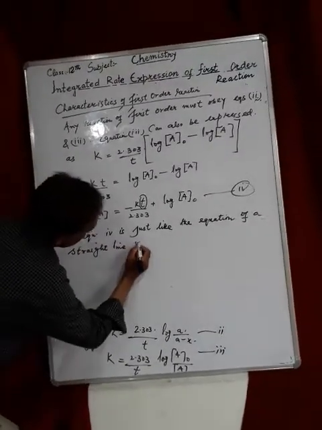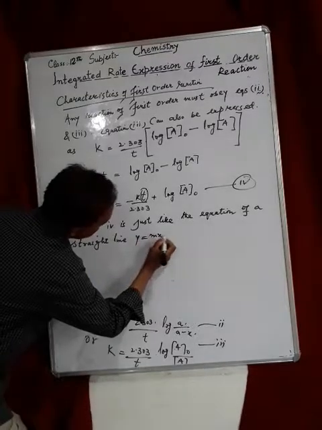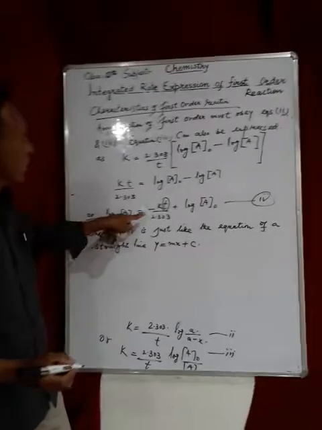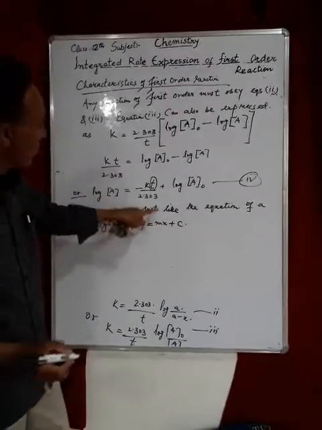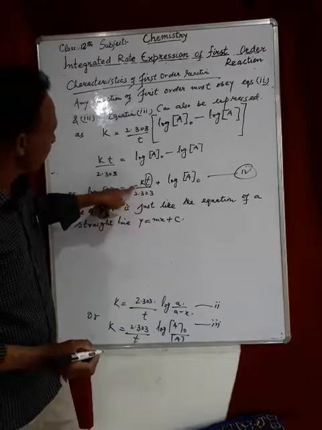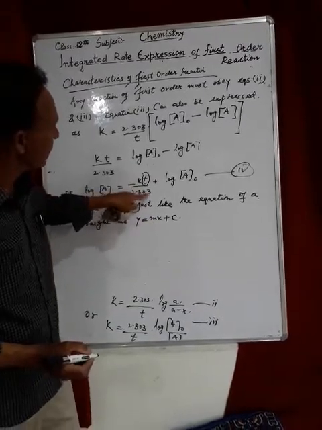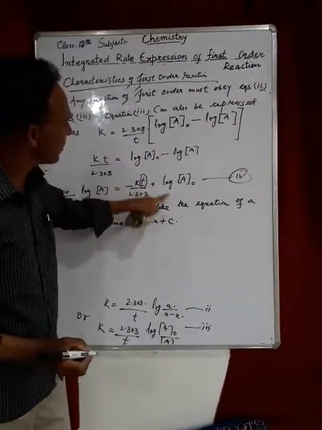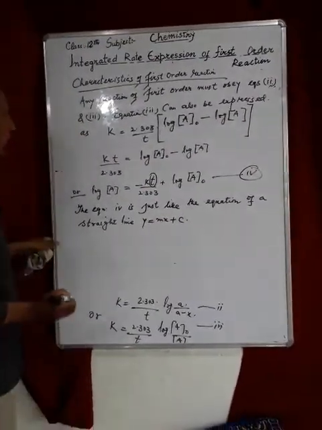What is the equation of the straight line? y is equal to mx plus c. This is y, this is log a, which is variable. m is the slope, which is constant, equal to minus K divided by 2.303. x is the variable, t is the variable, c is the constant, log a naught is the constant.